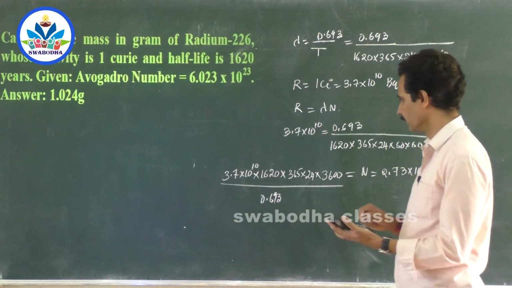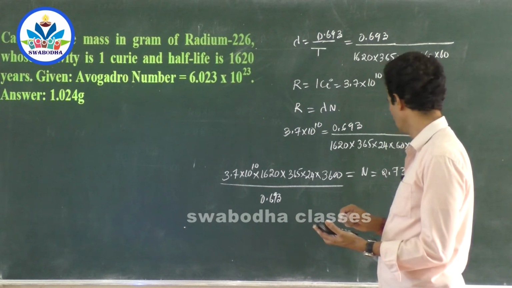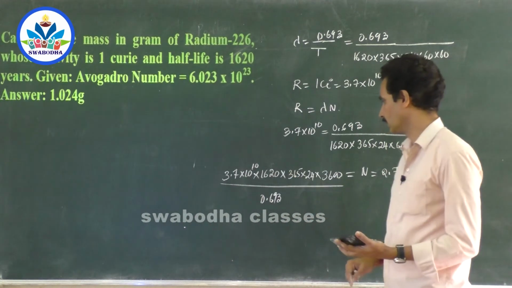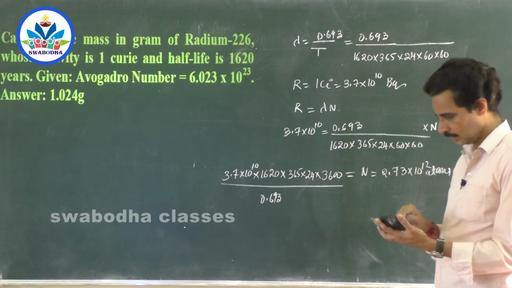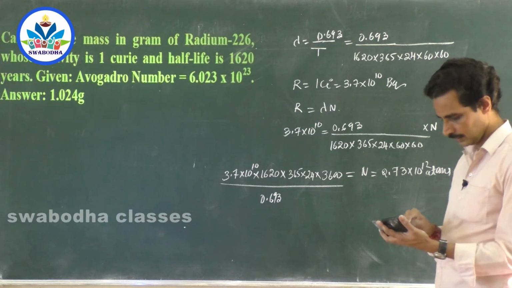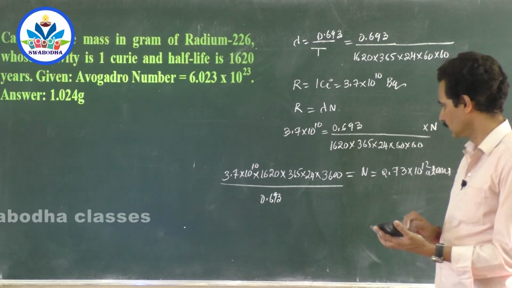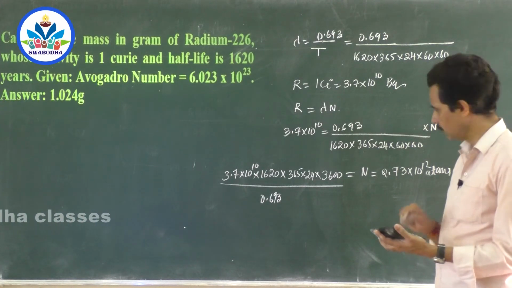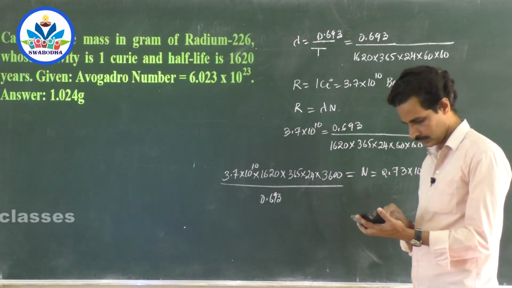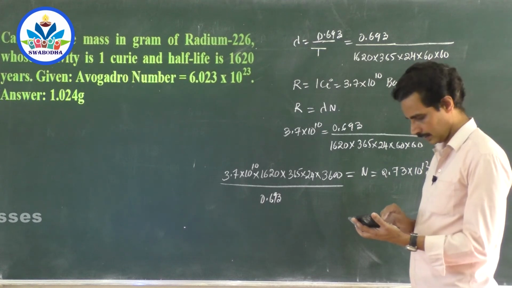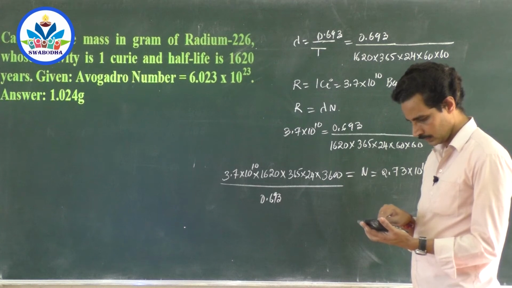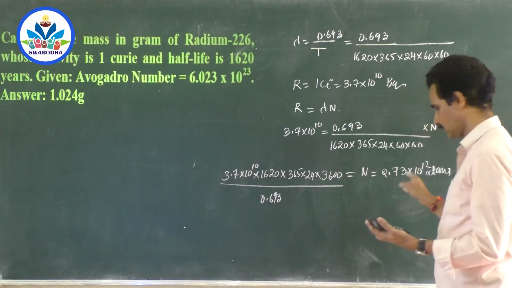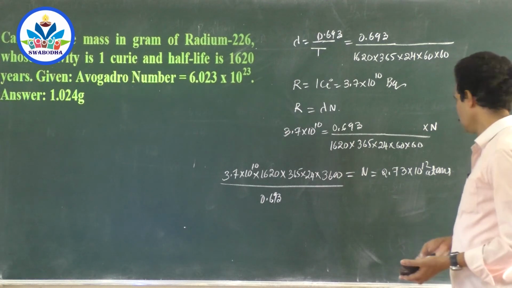3.7 into, oh, here you have one more 10 to the power 10, into 1620 into 365 into 24 into, I'll take it as 3.6 so that I can leave 100. So how much do I get? 12 digits, correct, into 10 to the power 10.